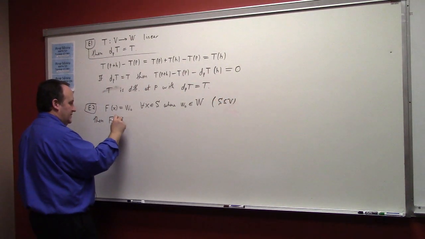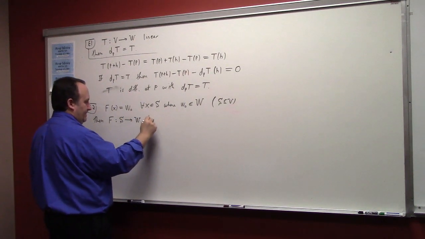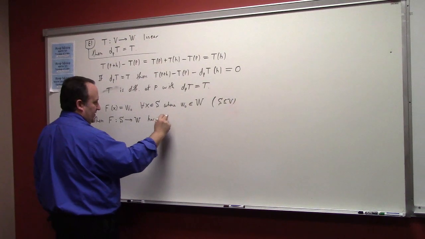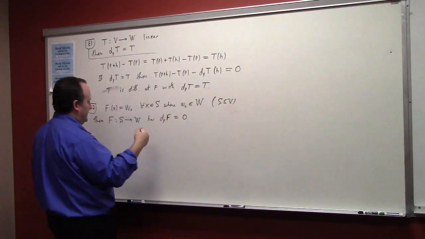So this from this to W has the differential of f at p just equal to 0. Its differential is 0.